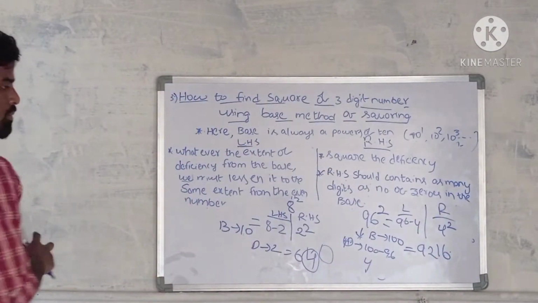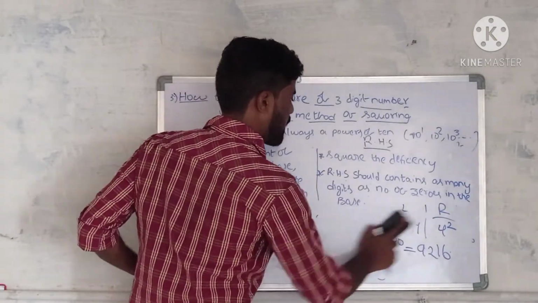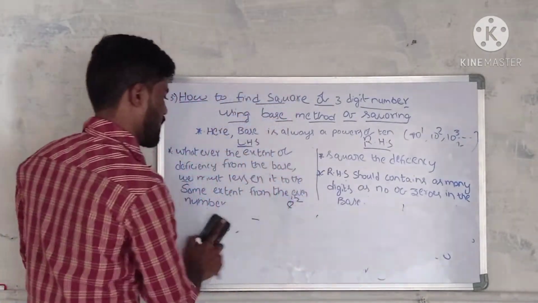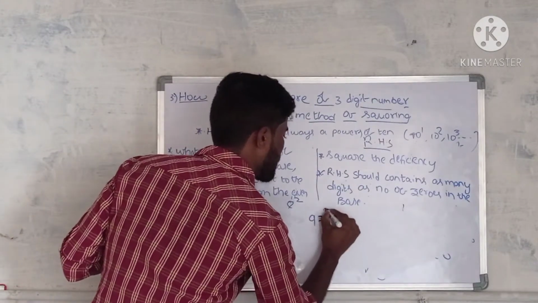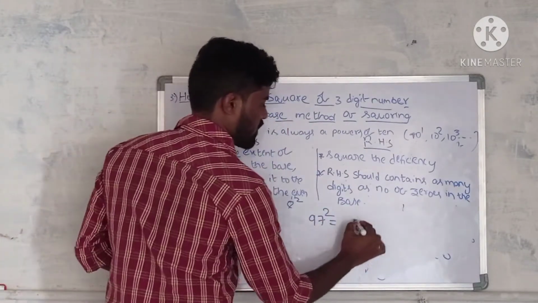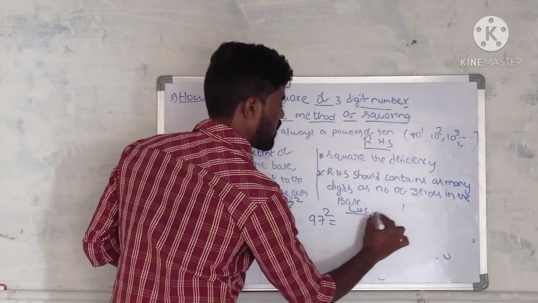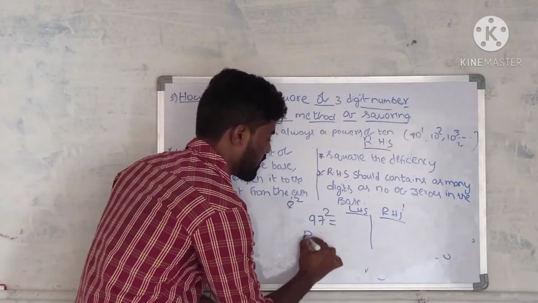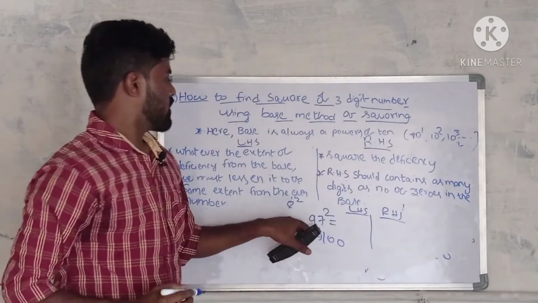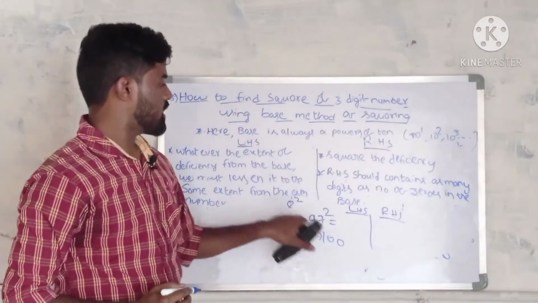Let's see one more example. 97 square. LHS, RHS. The base is 100. Here 97 is 3 less than 100.